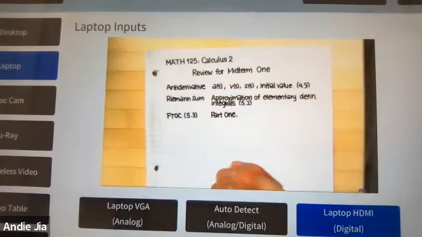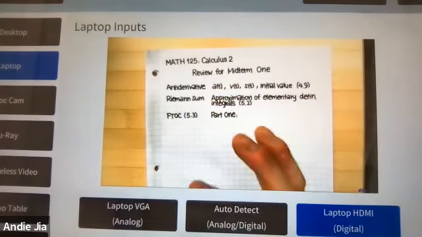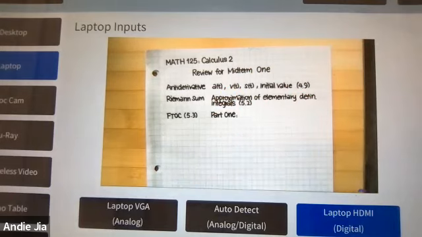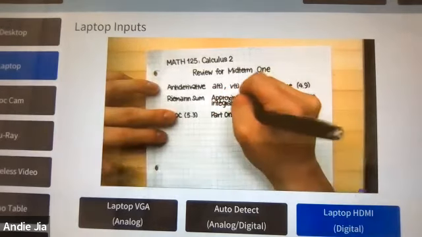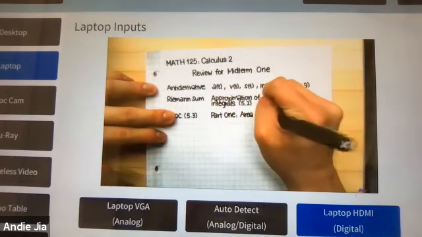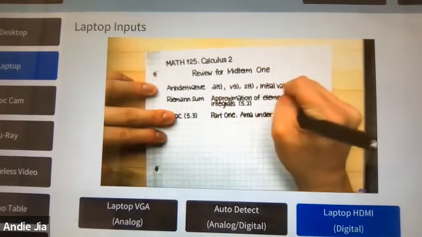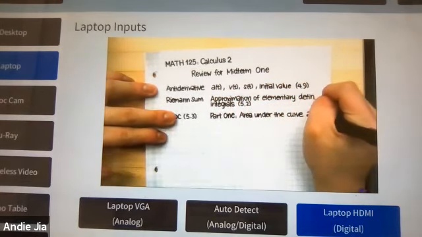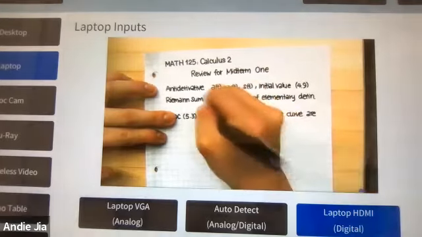For part 1, we define a random curve, an antiderivative.